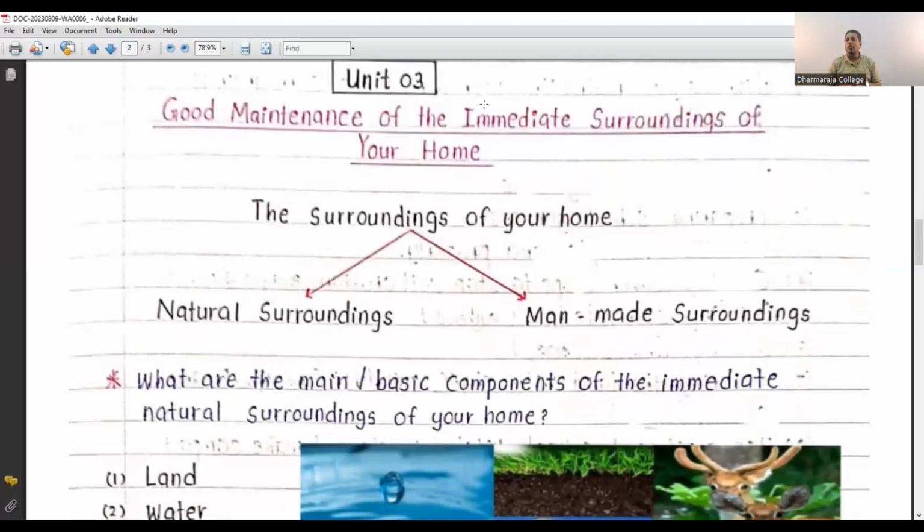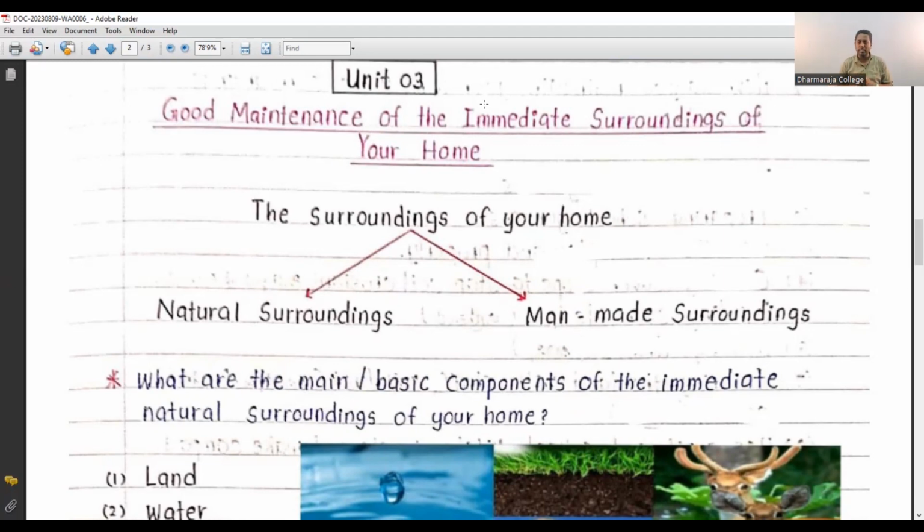The surroundings of your home have two main parts. The first one is natural surroundings. It is natural. The second one is man-made surroundings. It is not natural, it is man-made.